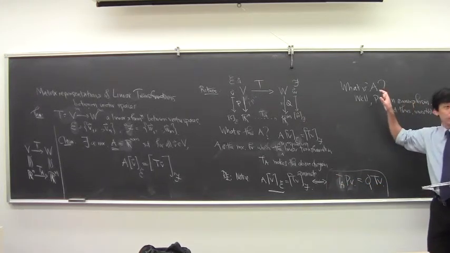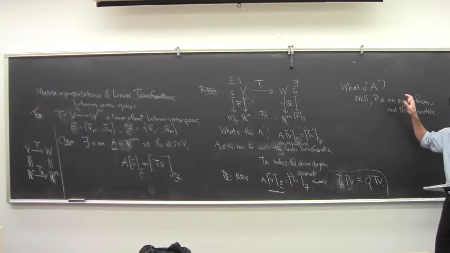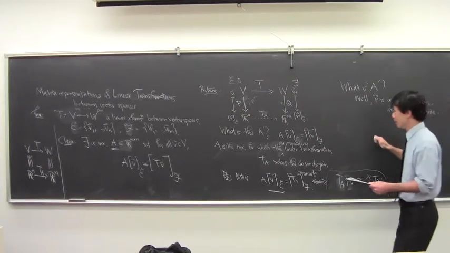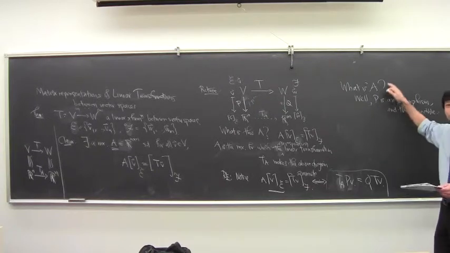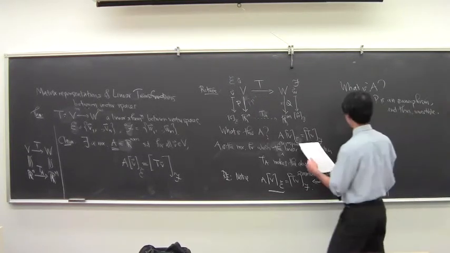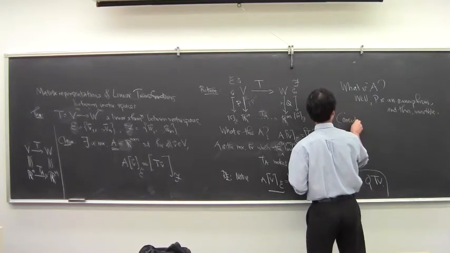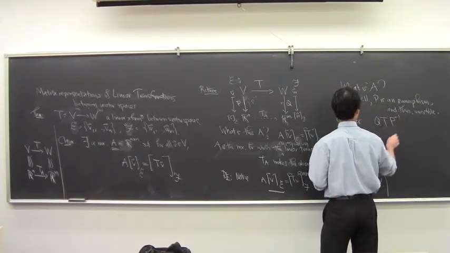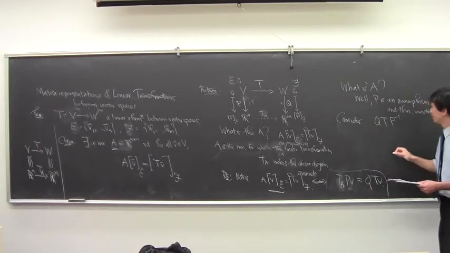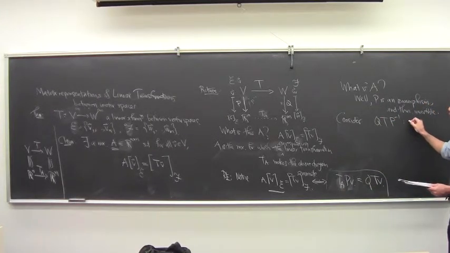So we're trying to figure out what A is, right? You say, well, okay, P is an isomorphism, and so it's invertible, right? So let's consider Q T P inverse. That's going to go from Rn.